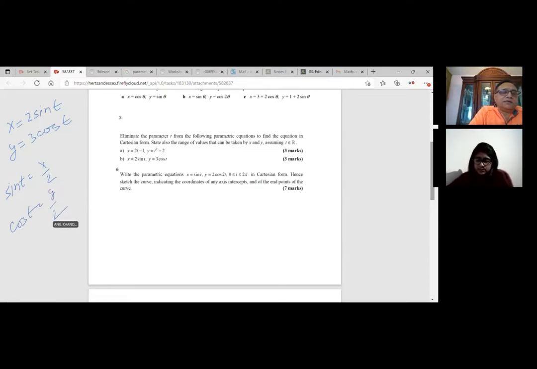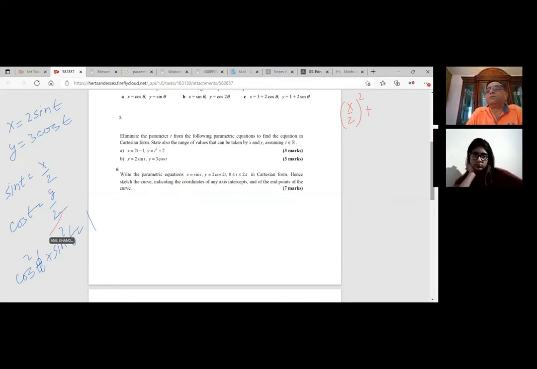And you know this identity cos square t plus sine square t is equal to 1. So just put these values there, (x by 2) whole square plus (y by 3) whole square is equal to 1.